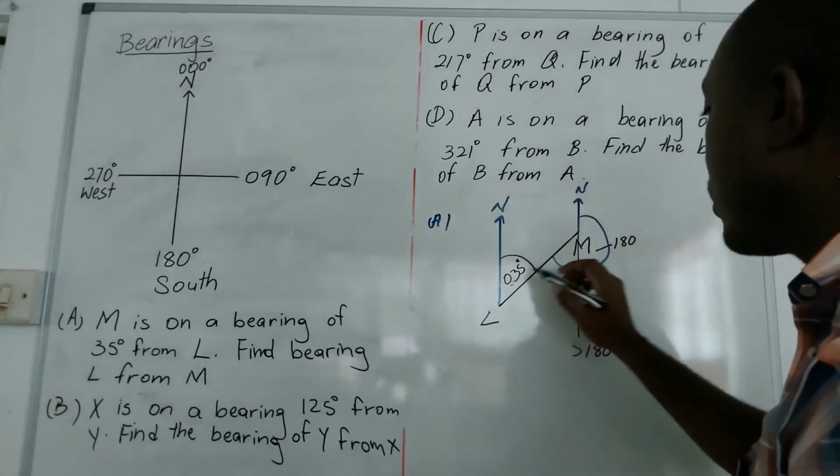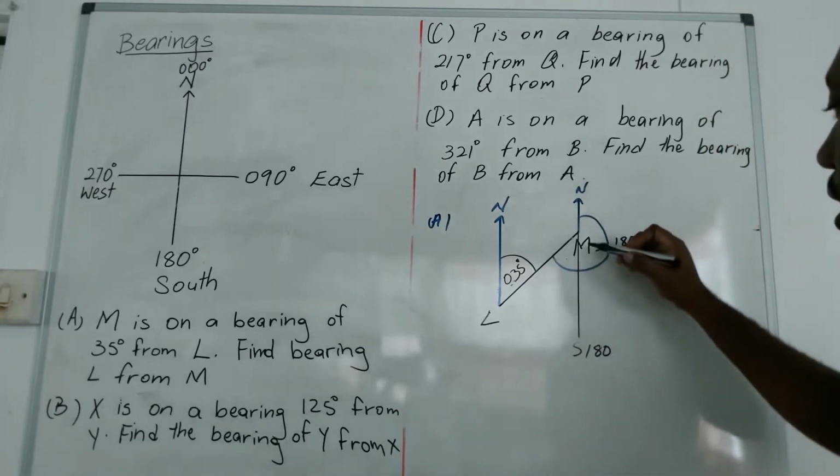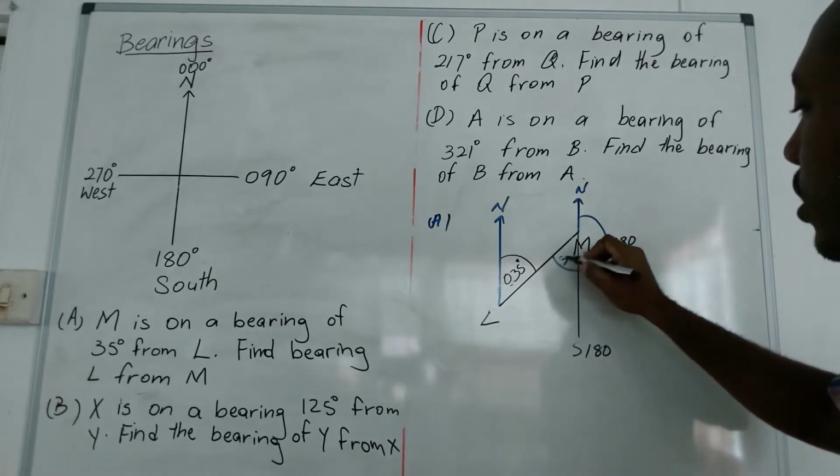So if this is 35 degrees, it means down here, this portion between this parallel line and this line will be 35 degrees too.